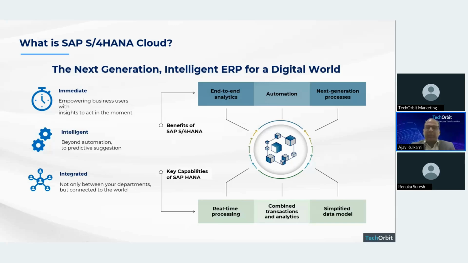So what it brings to the table is that your focus has shifted from doing data entry to having automations in place which will capture a huge amount of data and provide you with good end-to-end analytics. You will also have your updates in the system: whatever upgrades or features SAP is bringing, once you update your system, the same is available for you directly.